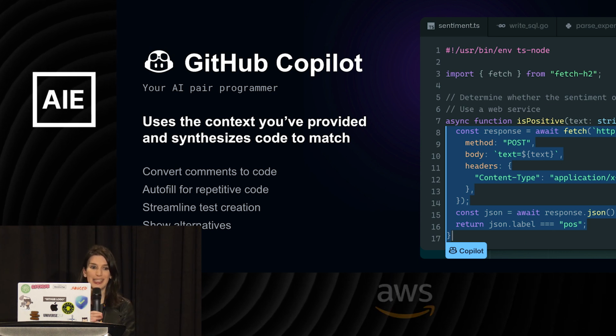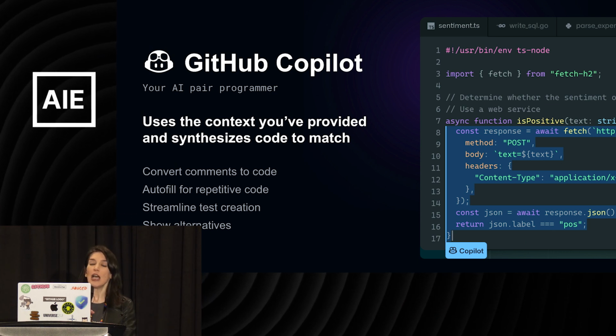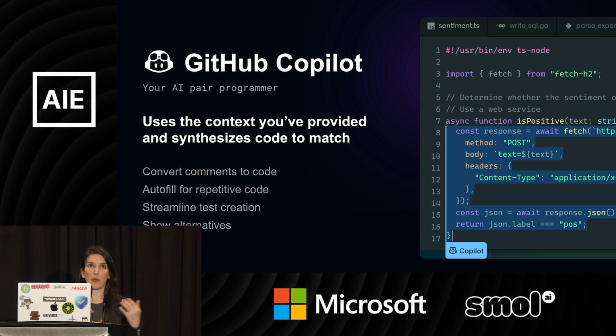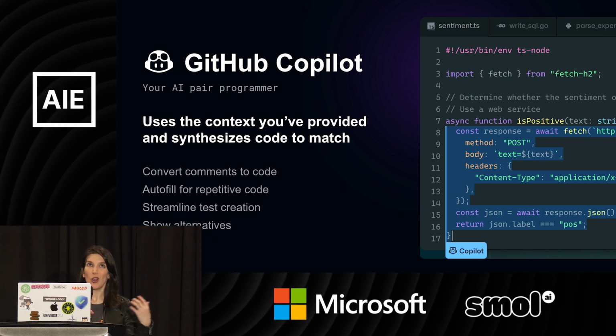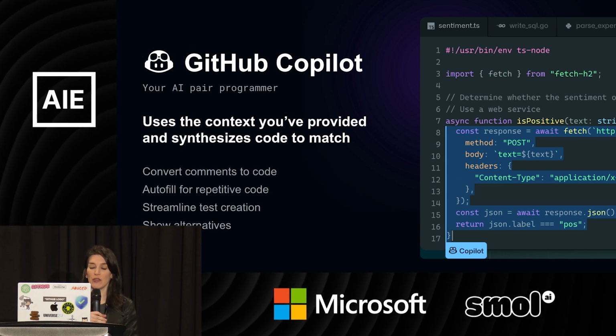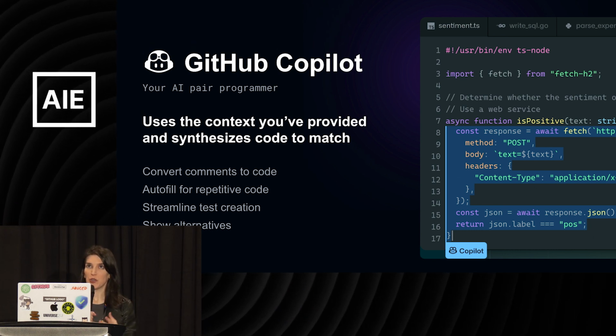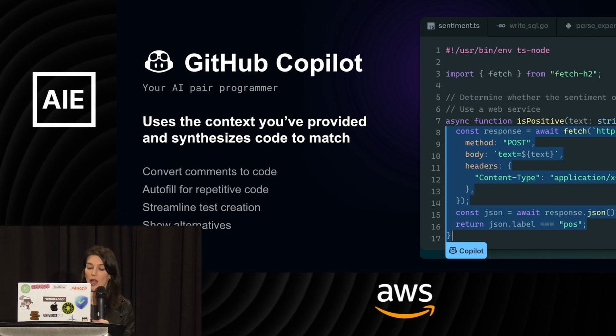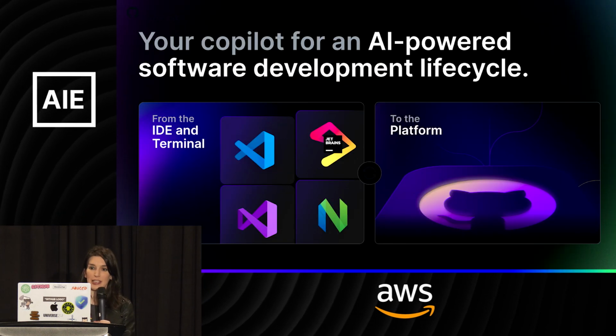So I can make a comment, say, write a function to parse the URL, or autofill for repetitive code if I'm using the same code block over and over again in the same pattern. Copilot is going to know how to do that. It can also help streamline creating tests and show alternative ways of achieving the same task.